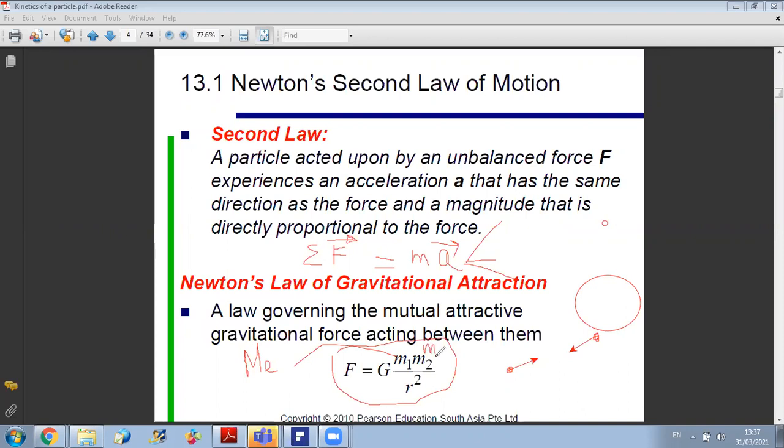And r will represent the distance between the centers of the two particles. Here, of course, we treat the earth as a rigid body, but the center of mass of it is here. So the distance between the two centers is equal to the elevation h, which is also called the altitude, plus the radius of the earth. In this case, you will replace r by the radius of the earth plus h.